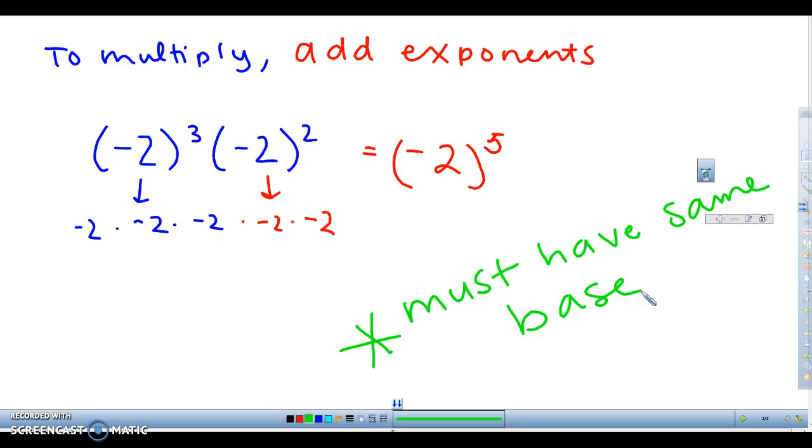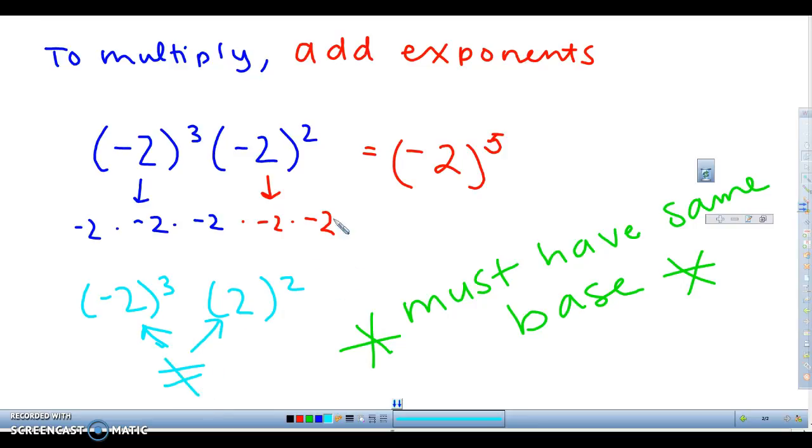And that is super duper important, so I'll put 2 stars by it. If I had like negative 2 to the 3rd and 2 squared, these bases are different. So this adding the exponents thing will not work. Okay? So you have to have the same base.